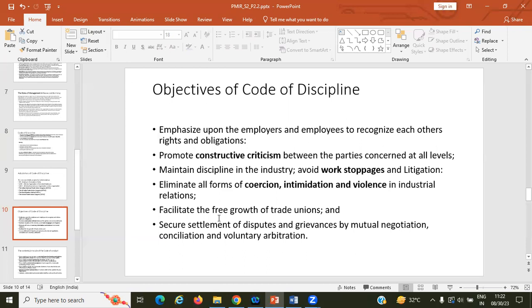So whoever is the workman, the workforce in an organization, should understand these rights and duties of the work, what he or she is going to do. So that is the first objective of the Code of Discipline.